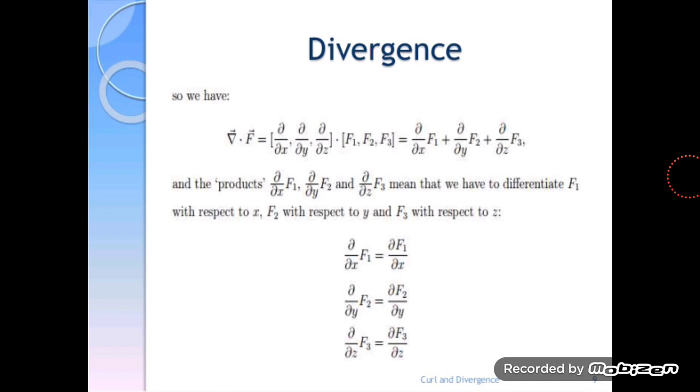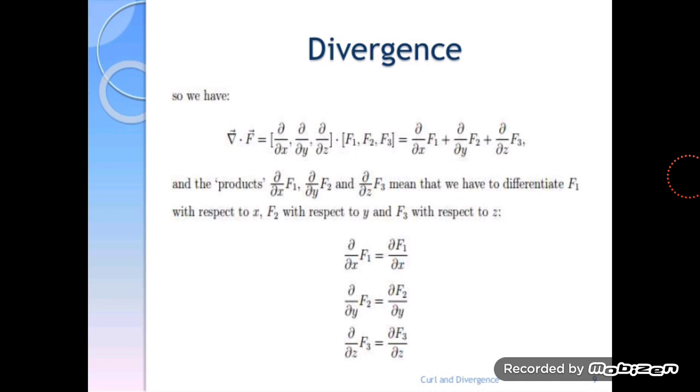By the dot product we have del by del x of f1 plus del by del y of f2 plus del by del z of f3. This means that we have to differentiate f1 with respect to x, f2 with respect to y, and f3 with respect to z.